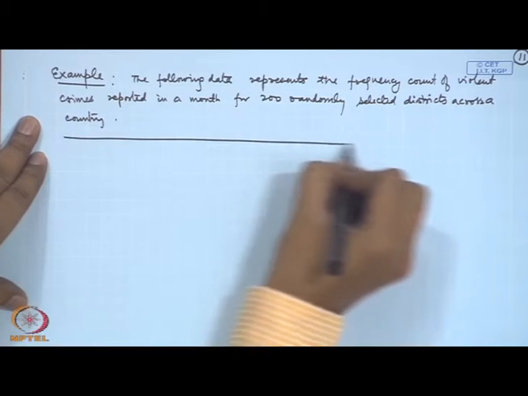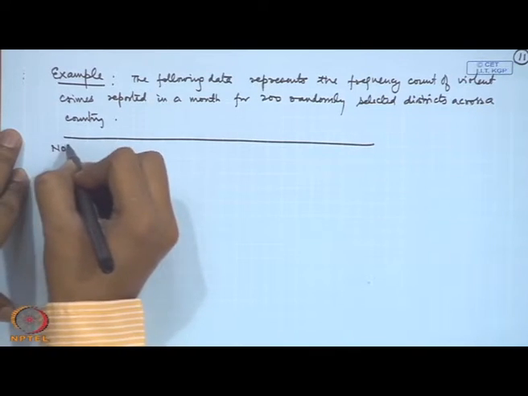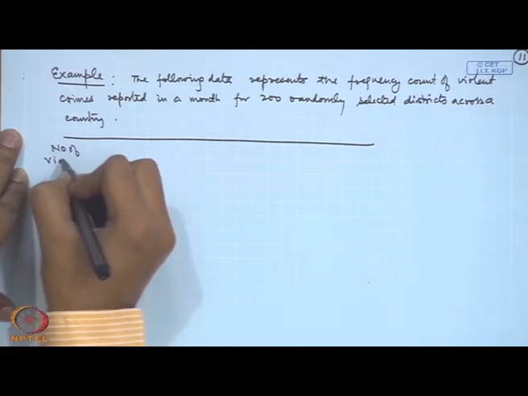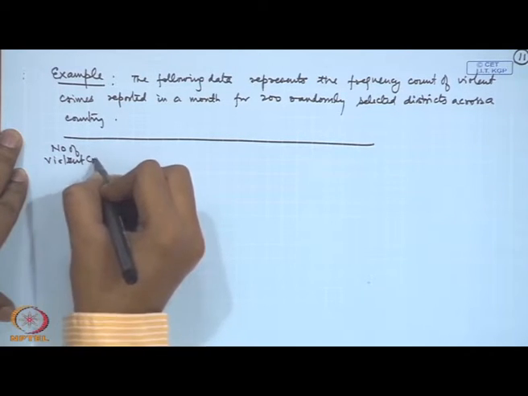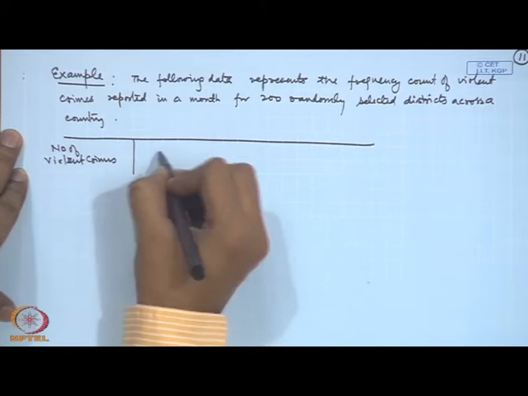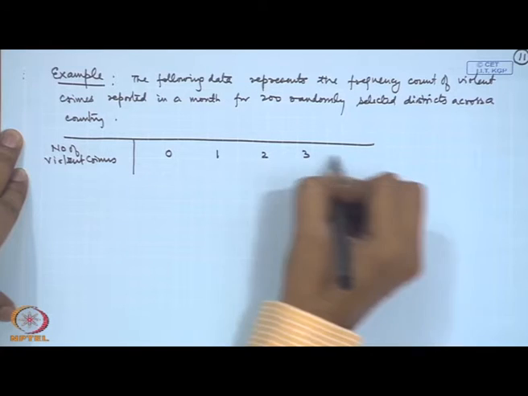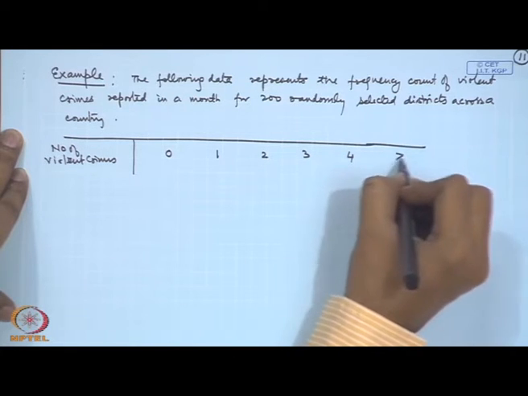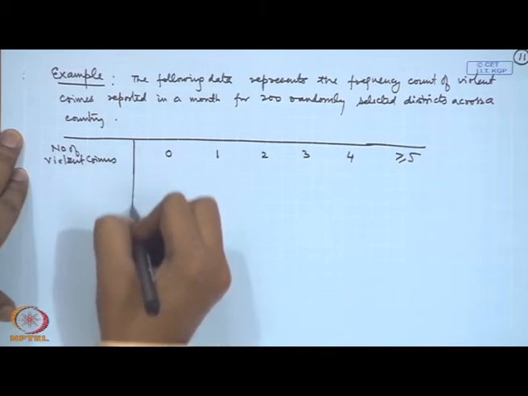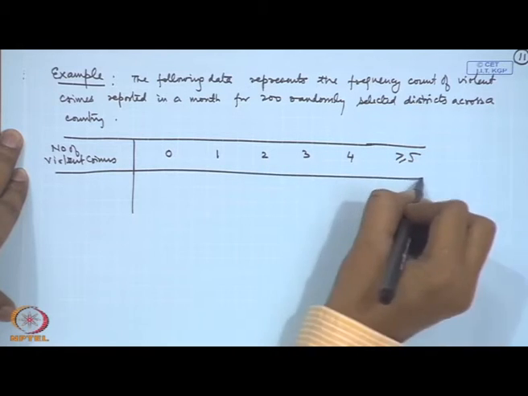So, the number of violent crimes, and we are clubbing 0, 1, 2, 3, 4 and more than or equal to 5. So, again we would like to test whether it is a Poisson distribution or not.